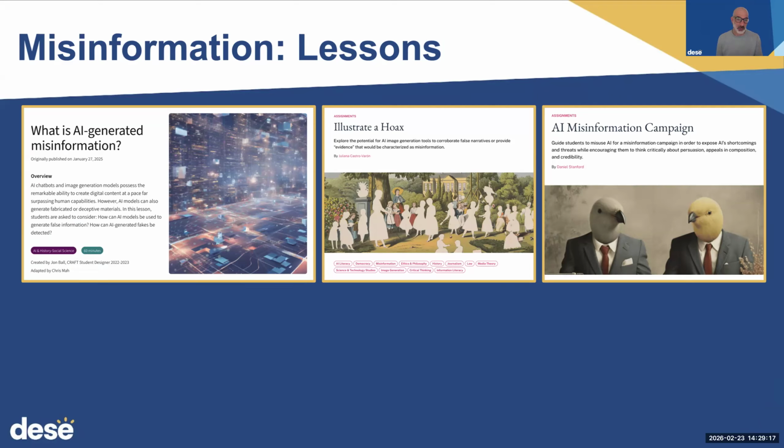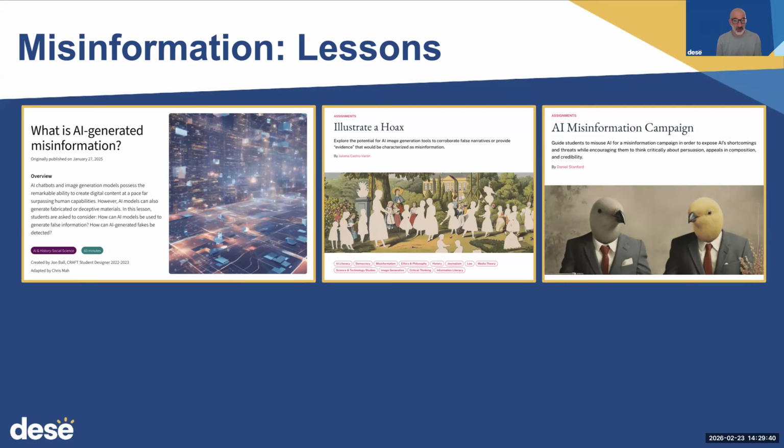Now, another helpful way to think about this, and these will be linked in the video notes below, is transforming the concern around misinformation into valuable learning experiences. We have three resources here from two different authors. One is from the CRAFT framework, a student lesson plan on what is AI generated misinformation. That one's on the left. And then we have two resources on the right, illustrating a hoax with generative AI.